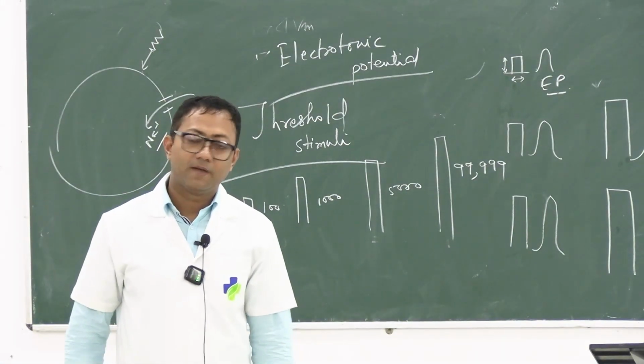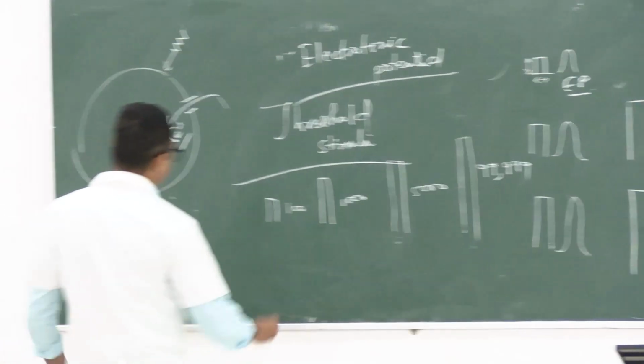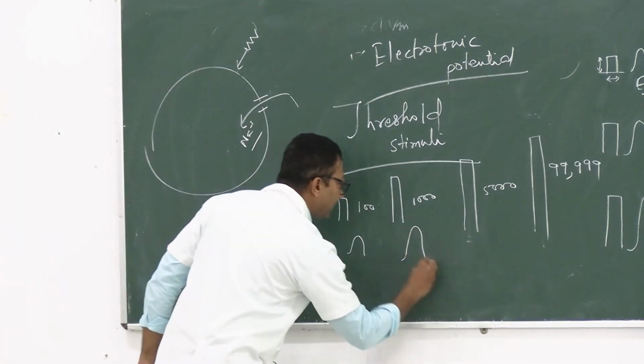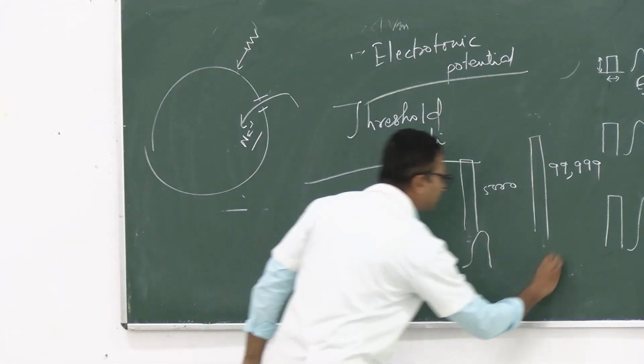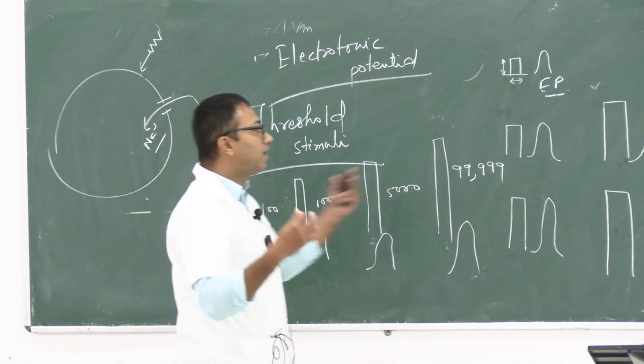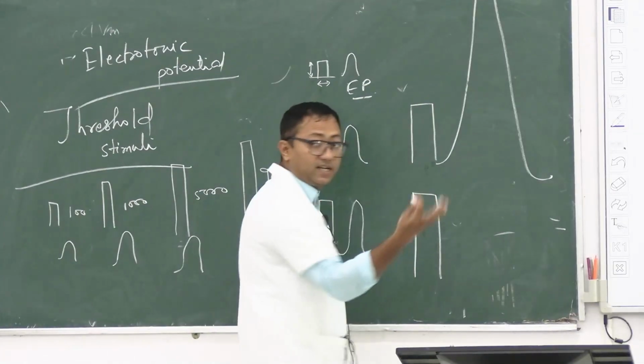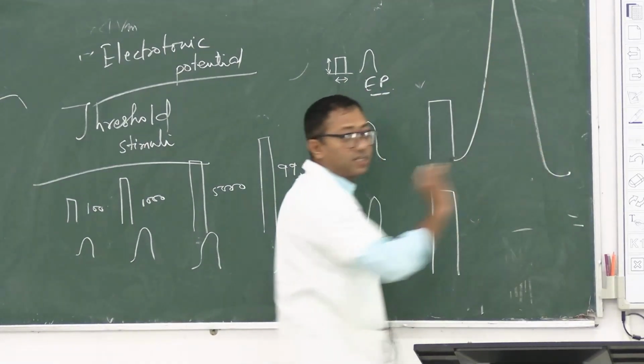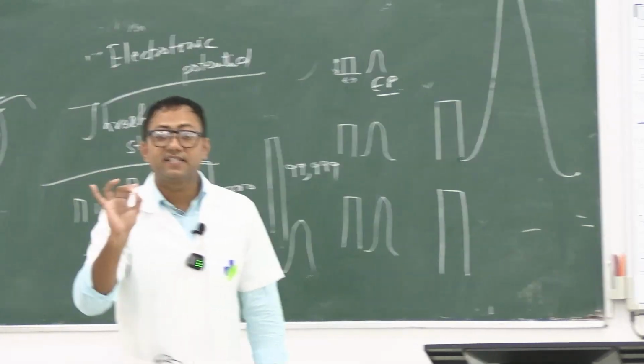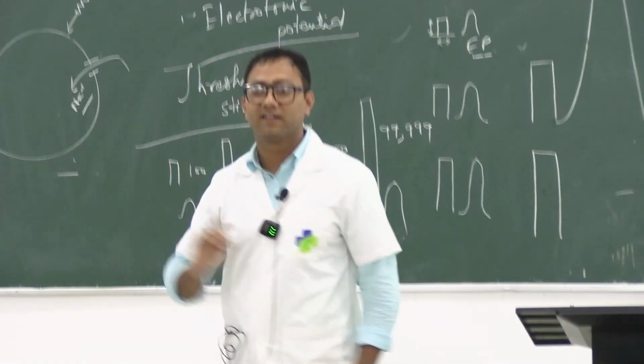Clear? Before that you were getting small electrotonic potential. Now when 1 lakh sodium channels are open, you get this action potential. So 1 lakh is the critical number for that cell.